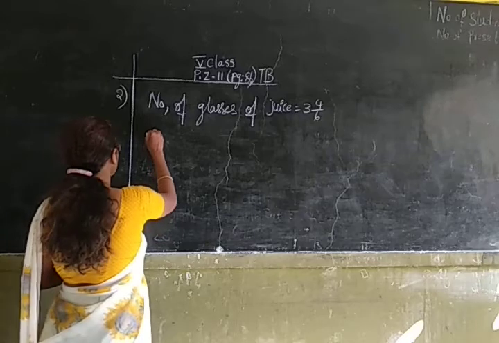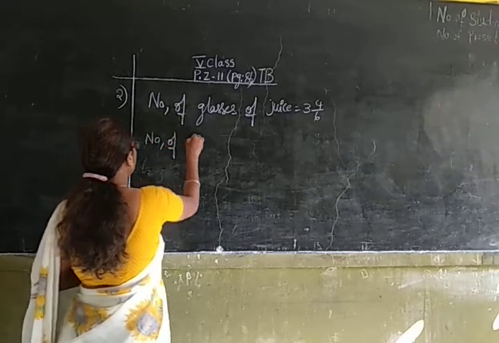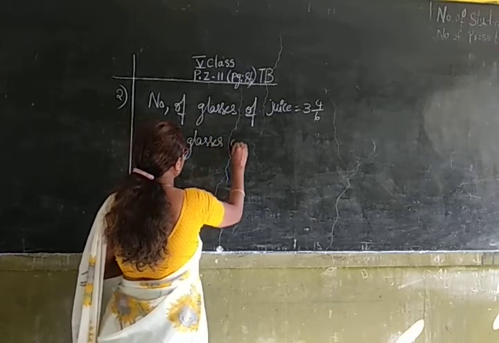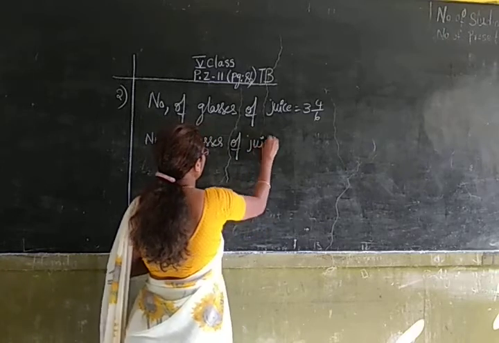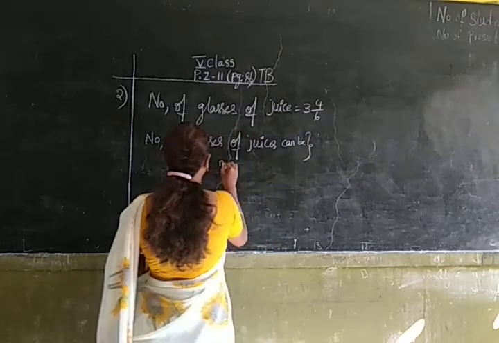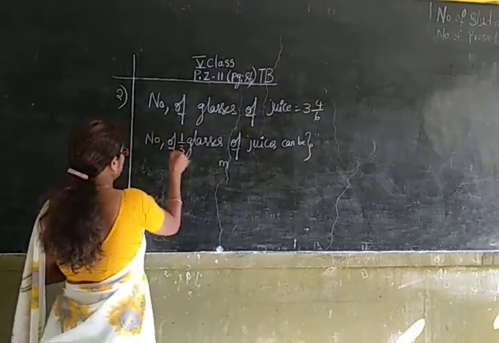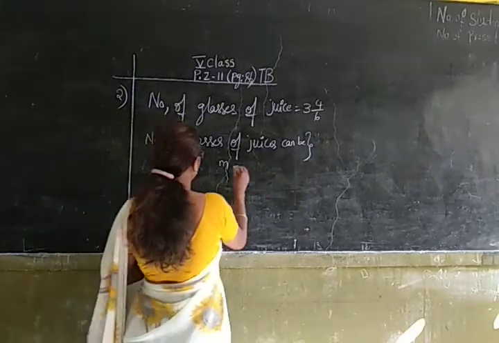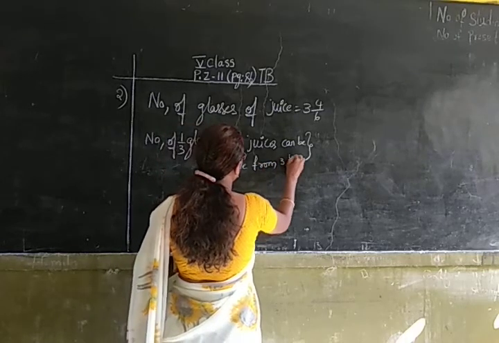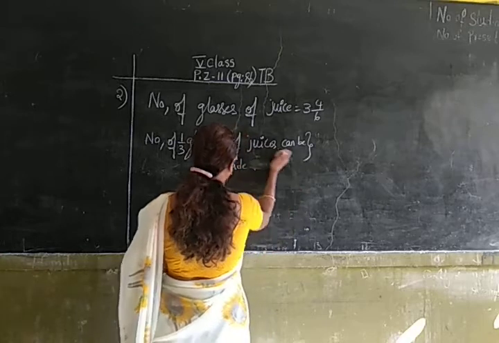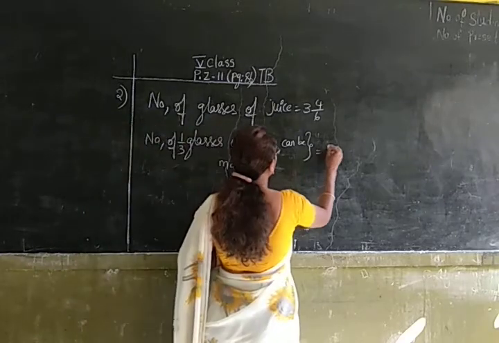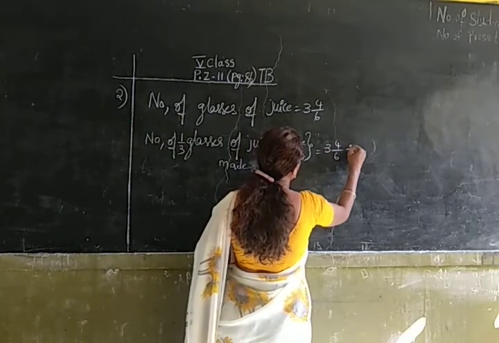So the number of 1 by 3 glasses of juice that can be made from 3 4 by 6 is equal to 3 4 by 6 divided by 1 by 3.